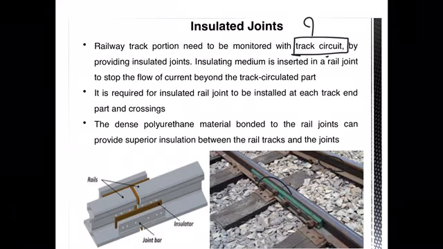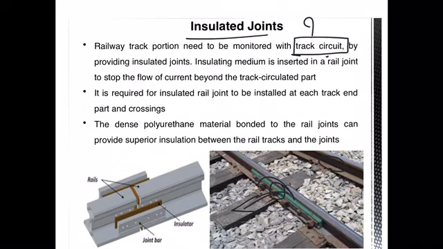Now when such track circuits are provided, there are chances that the current will run beyond this railway track, and that may cause certain danger. So to avoid the current running beyond the track portion, we need to insulate the joints. The insulators are provided at the joint portion. Such joints where the insulators are provided, we call the insulated joint.